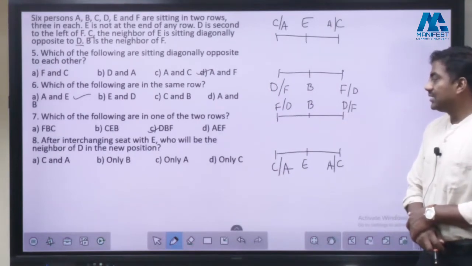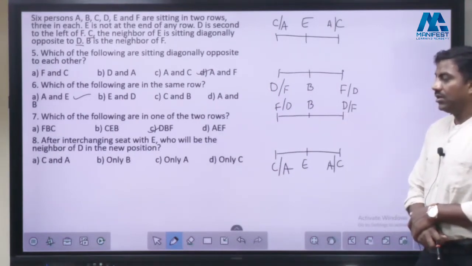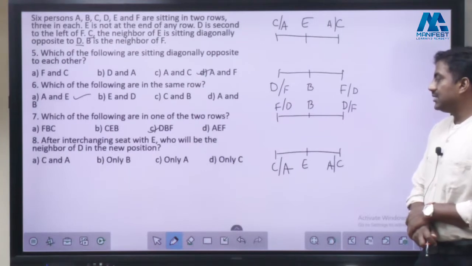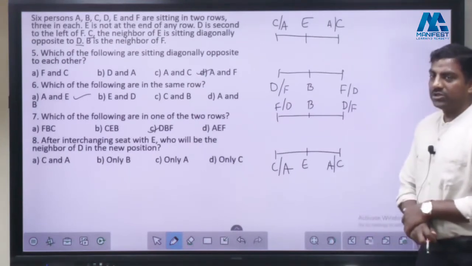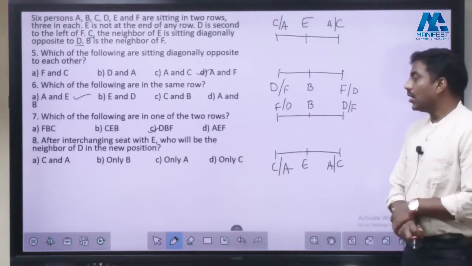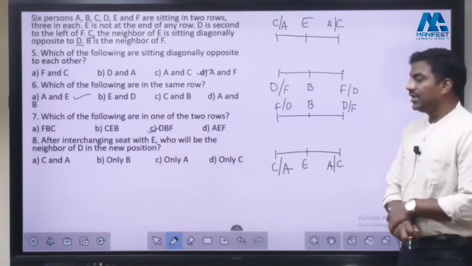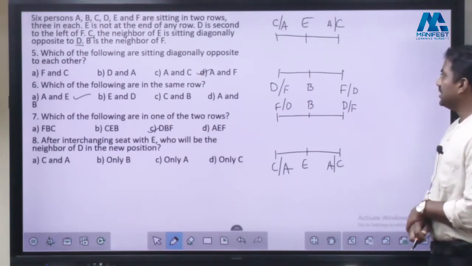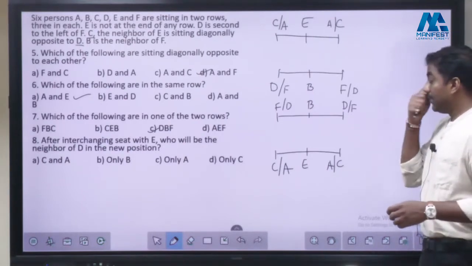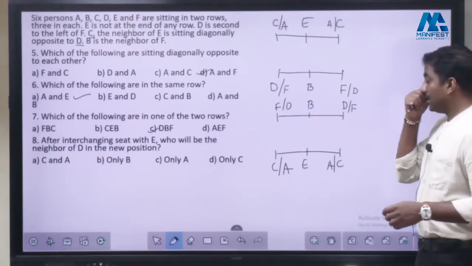Next, after interchanging seat with E, who will be the neighbor of D in the new position? E is interchanging with someone so that it becomes the neighbor of D. Which is that?